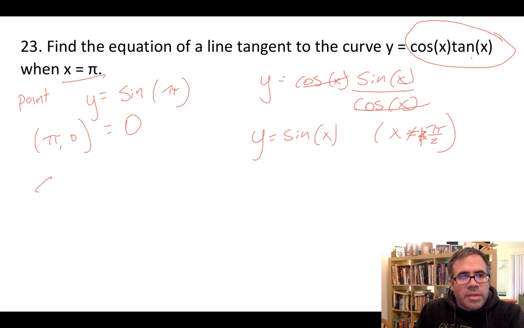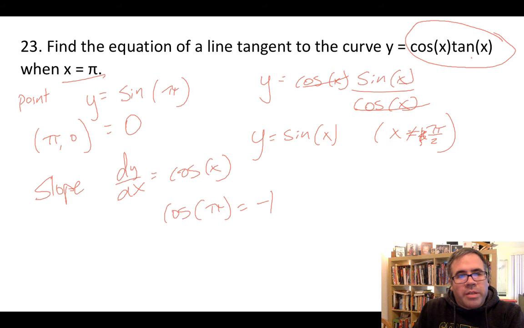And we need our slope, which we get by taking the derivative. Dy dx of this nice simplified function is just going to be cosine of x. And so we take the cosine of pi. Cosine of pi is -1. We have our point, we have our slope, we write our equation.